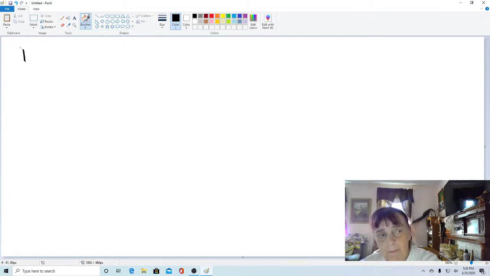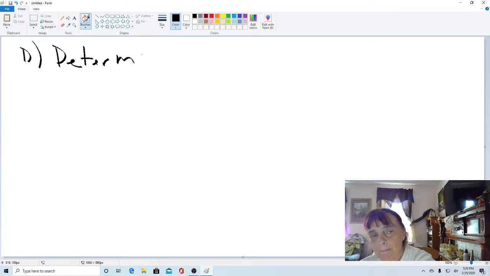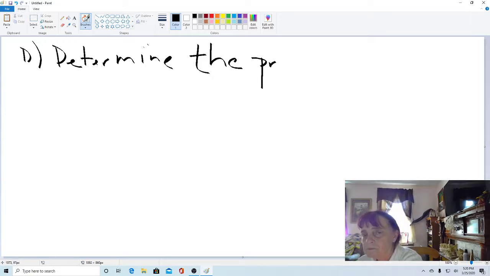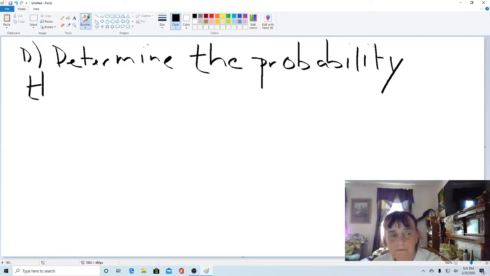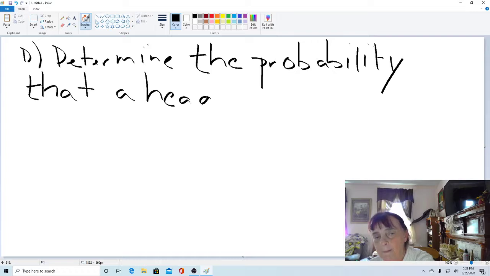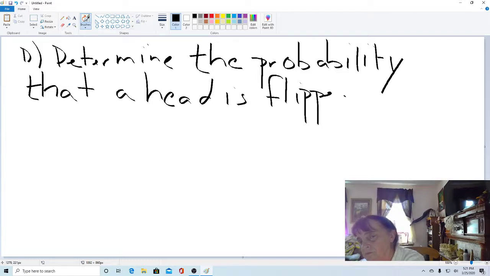And then D, determine the probability that a head is flipped or an odd number is obtained.